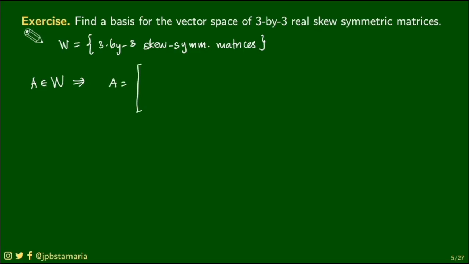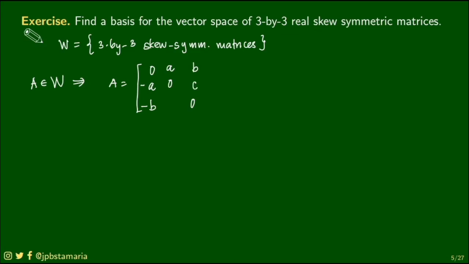A typical element A, because A is real skew-symmetric, has all the diagonal entries zero, remember? And if an element a is placed in the 1,2 position, then it must follow that the element in position 2,1 must be minus a. If we place an element b on the 1,3 position, then a minus b is required on the 3,1 position.